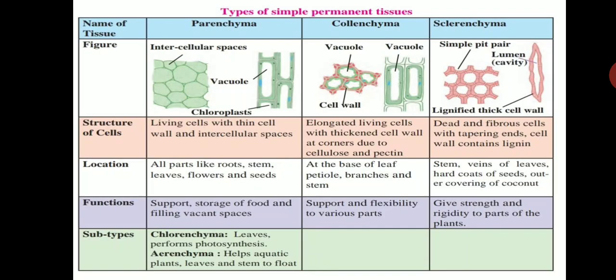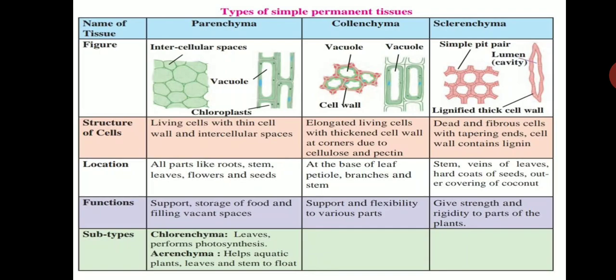And aerenchyma means the tissue or the cells present in this tissue help to float the leaves and the stem above the surface of the water, because the aquatic plants need to float on the surface of that water body.